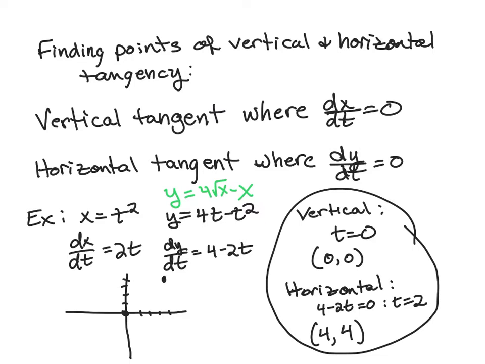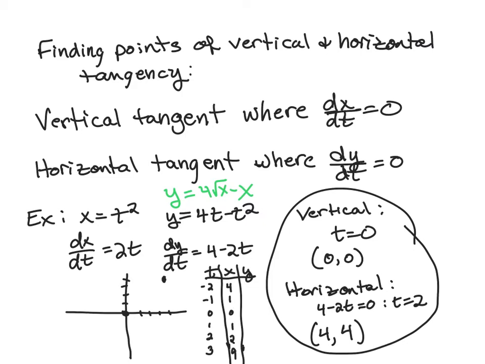We also know that x is always positive, right? And I'm going to do a little chart. Okay, let's start with, say, minus 2, minus 1, 0, 1, 2, and just for good measure, let's see what happens at 3. Okay, for x is t squared: 4, 1, 0, 1, 4, 9.